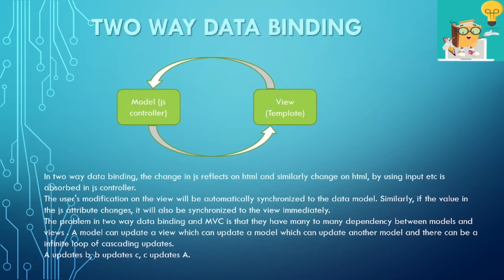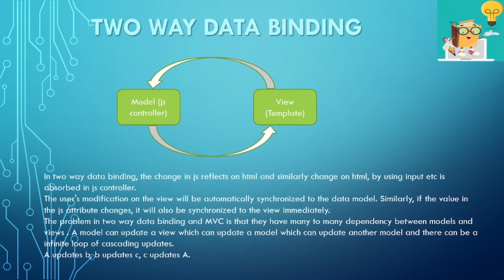Now, there is a disadvantage with two-way data binding. Basically, two-way data binding has many-to-many dependencies between your model, that is your JS controller side, and your view. So there might be certain scenarios where you can end up with a cascade of updates.